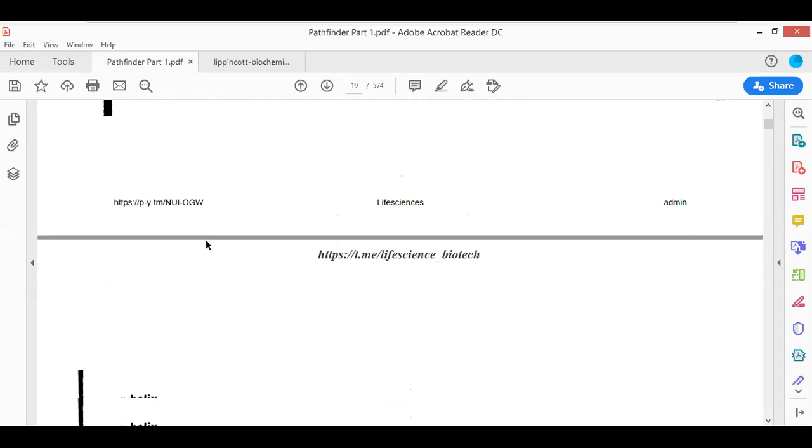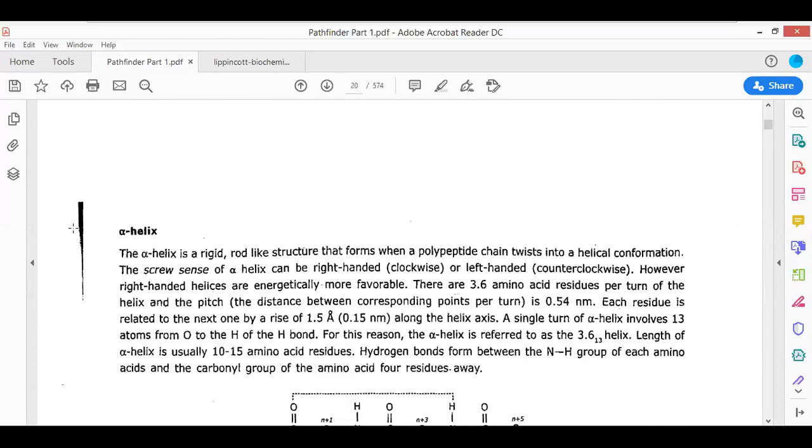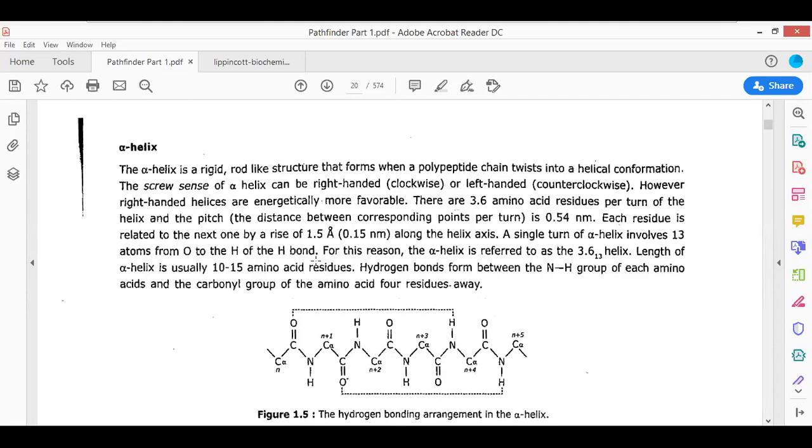Second question that is asked: which type of alpha helix is much more stable? Right-handed alpha helix is much more stable as compared to left-handed alpha helix if the amino acid residues are levorotatory. If the amino acid residues are dextrorotatory, then left-handed will become much more stable.